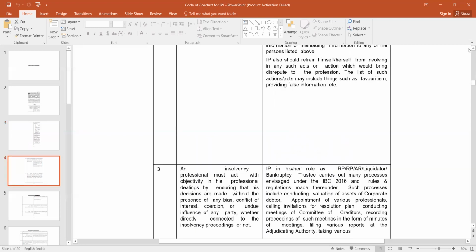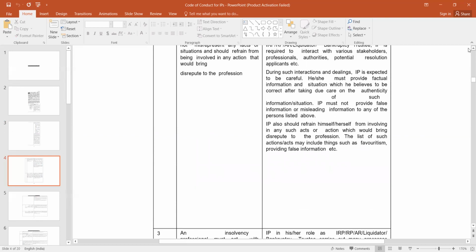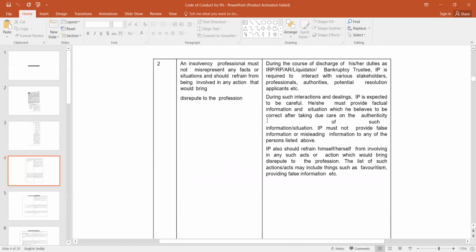Because they are asking questions and they will give you some situations and say, you identify. Second point is misrepresentation of facts. What is this? An insolvency professional must not misrepresent any facts or situations and should refrain from being involved in any action that would bring disrepute to the profession.